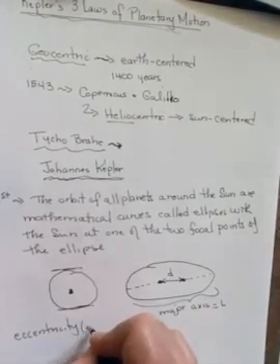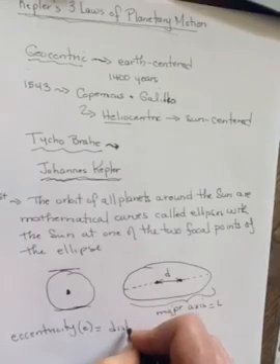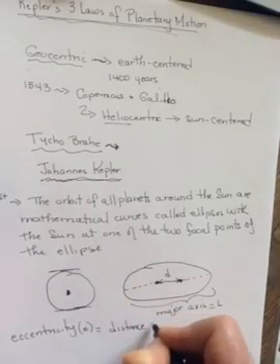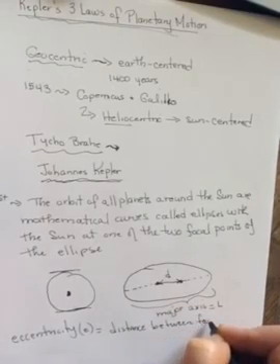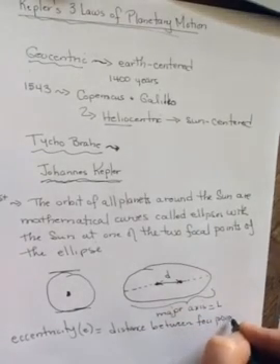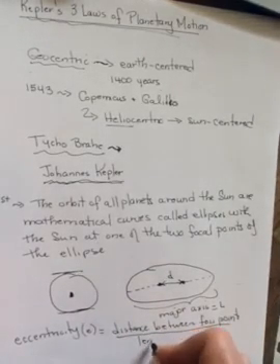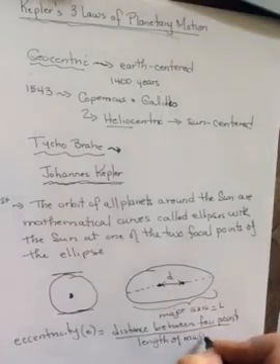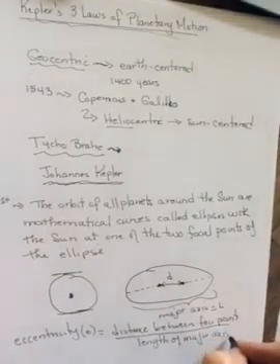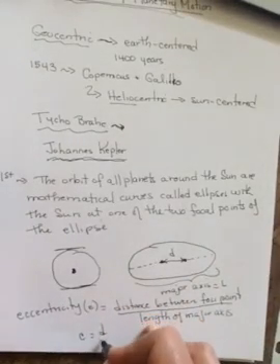It's a small e, and it's simply equal to the distance between the focal points over the length of the major axis. In other words, little e is equal to d over L.